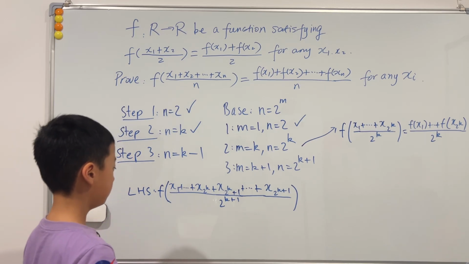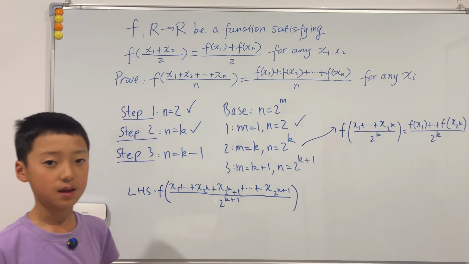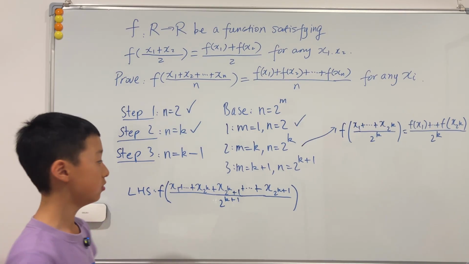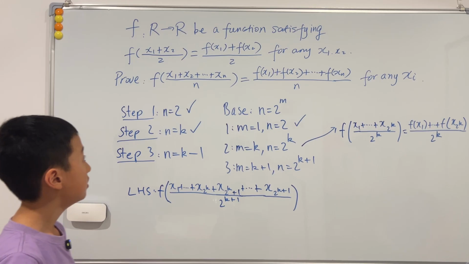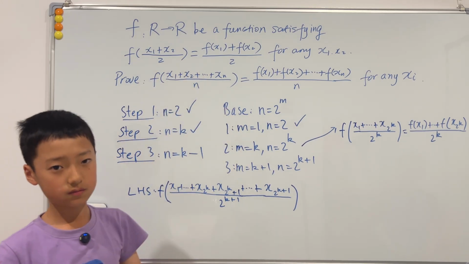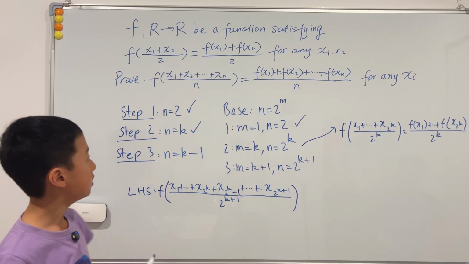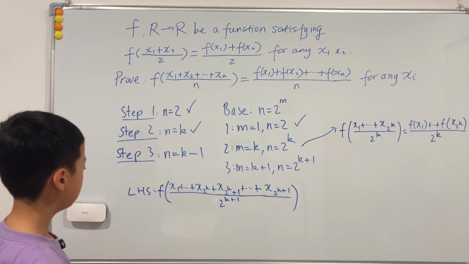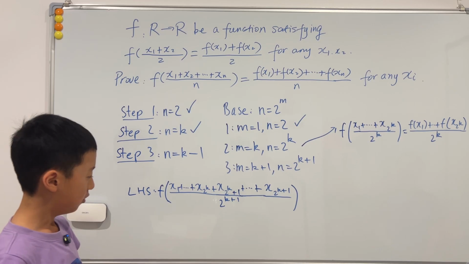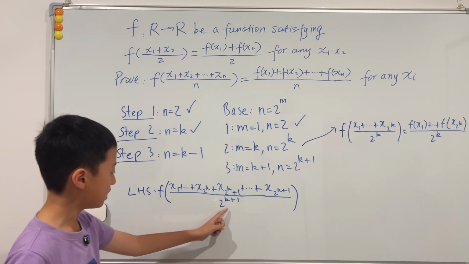Well, let's see. This 2 to the power of k plus 1 is just equal to 2 to the power of k times 2. So the basic logic here is we're just dividing by 2, technically. So why don't we use that here?